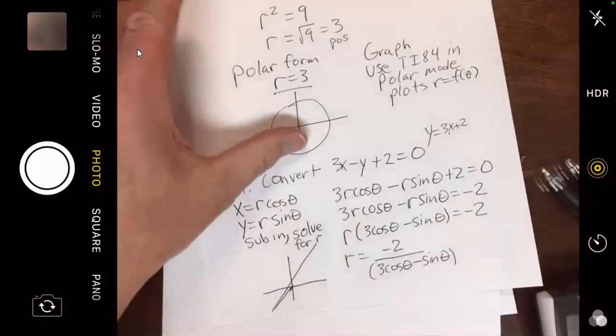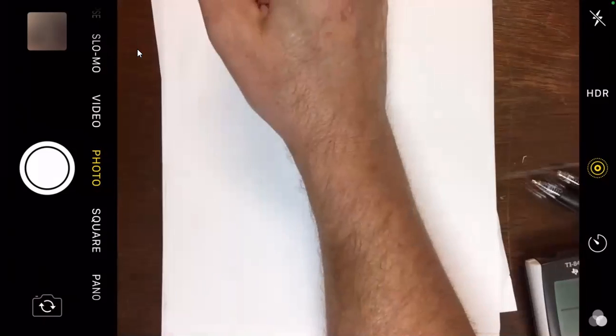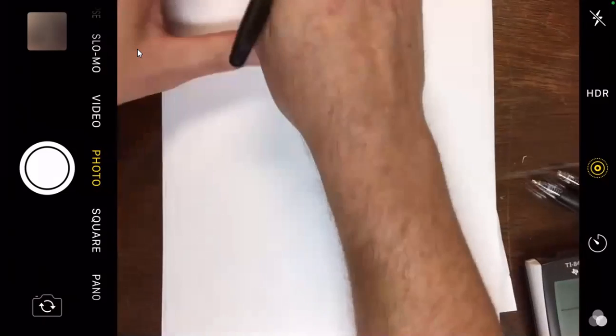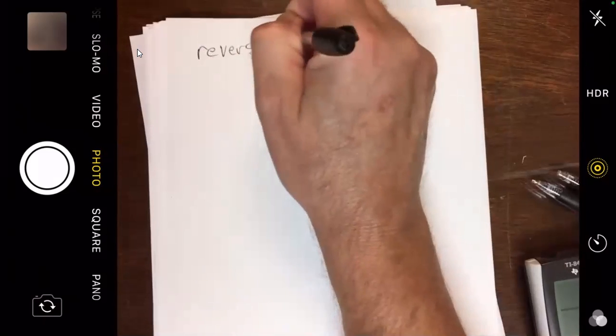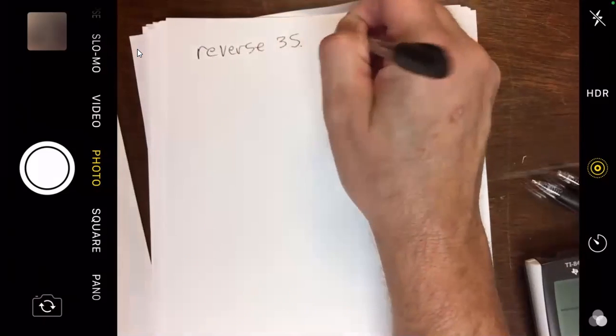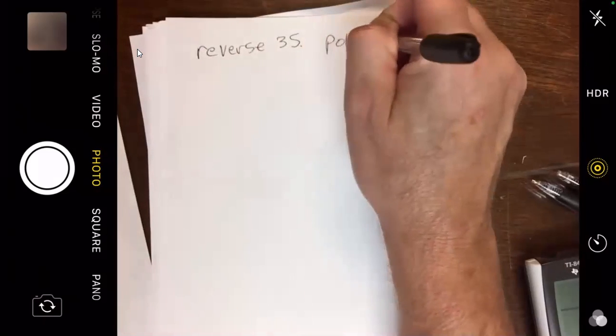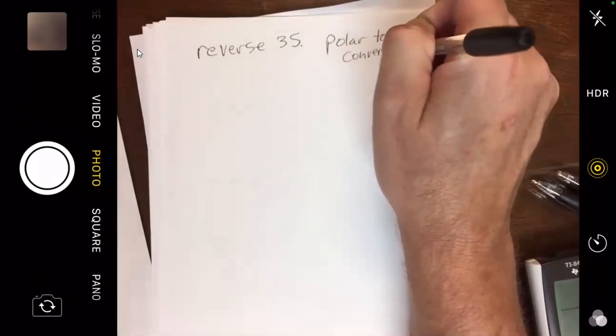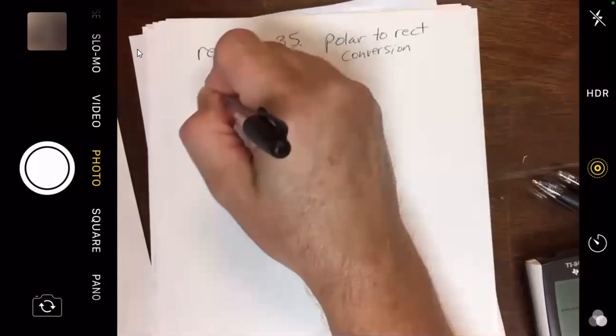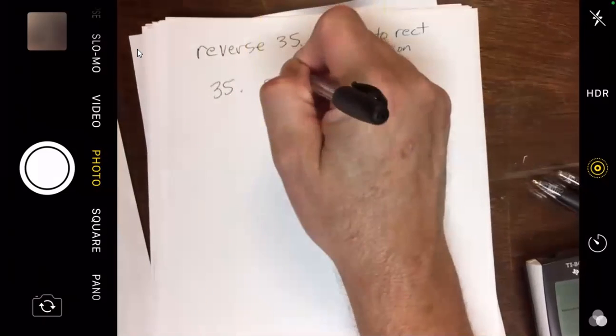All right, then you can reverse it. Problem 35. This is polar to rectangular conversion. So 35, we have r equals 4.